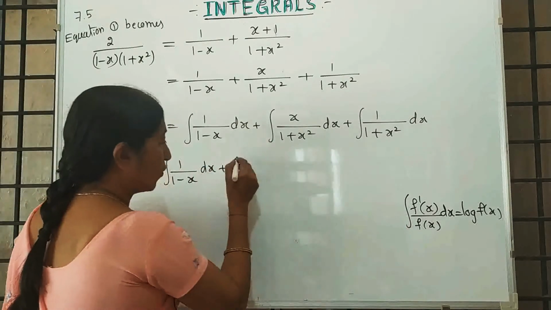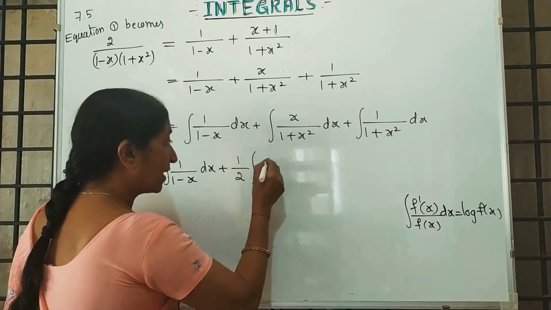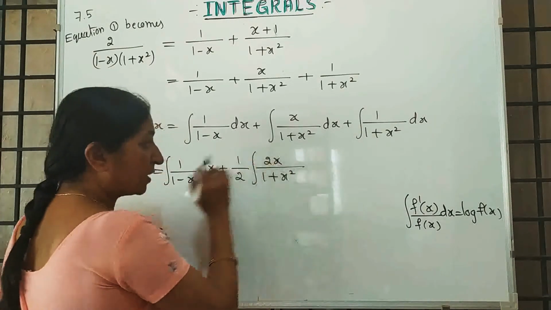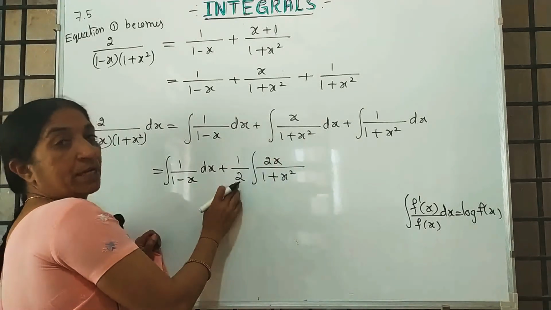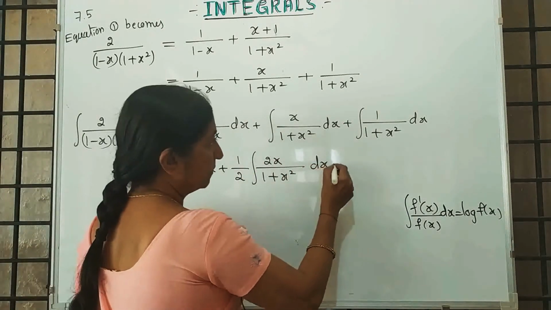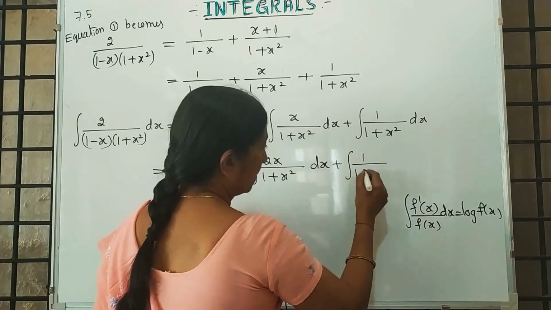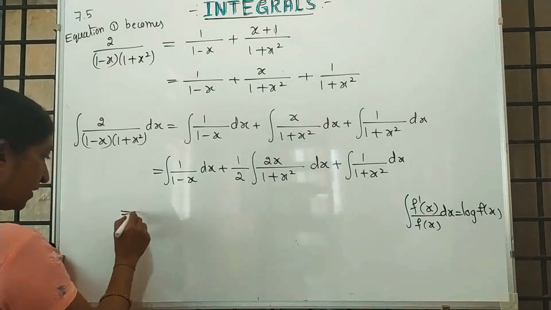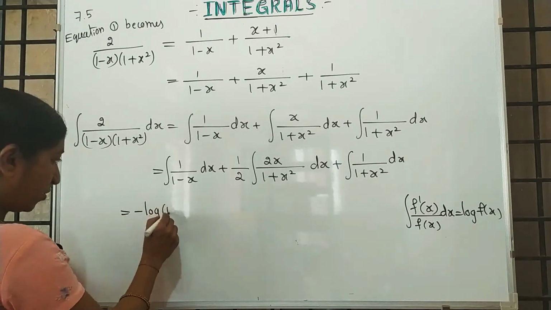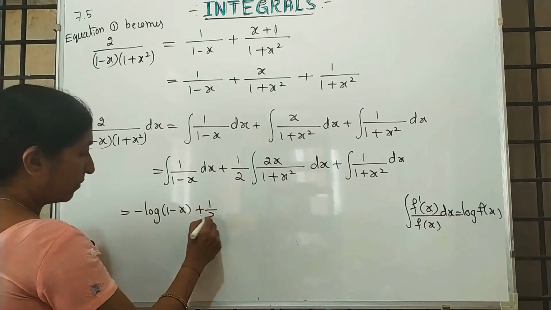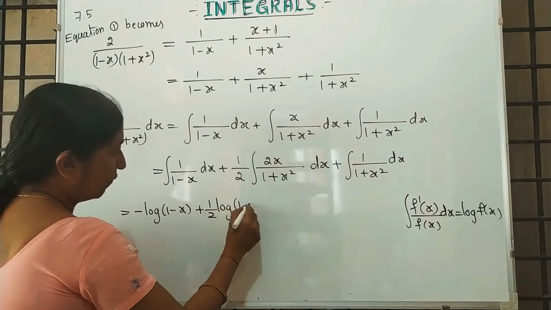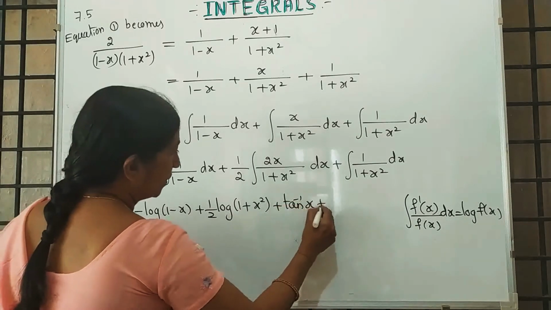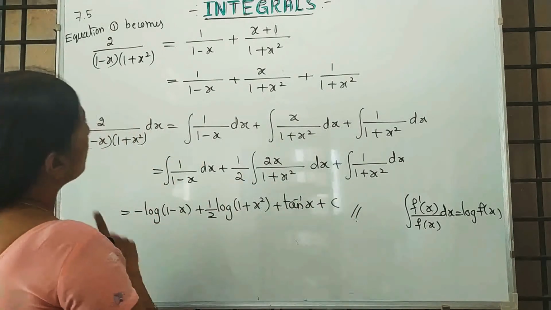To get this form, I am multiplying and dividing by 2, because differentiation of 1 plus x square is 2x. To balance this 2, I am writing 2 here. Yes. Now the coefficient of x is minus log of (1 minus x) plus 1 by 2 log of (1 plus x square) plus tan inverse x plus c. So this is the answer.